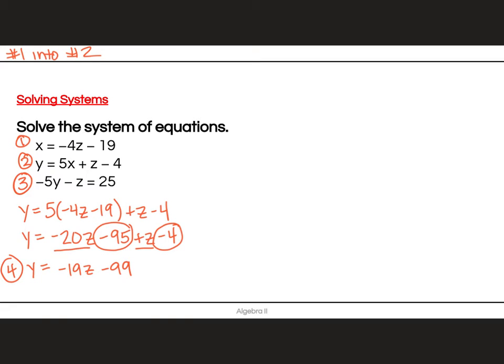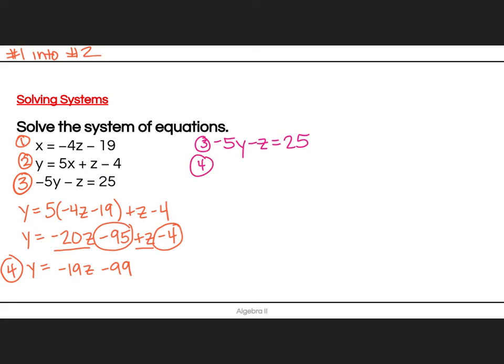So now I have a y and a z, and number 3 also has a y and a z. So I'm going to put together number 3 and number 4. Number 3 says negative 5y minus z is equal to 25.